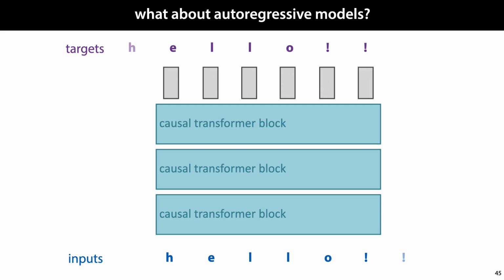Since the self-attention is the only part of the transformer block that propagates information across the time dimension, making that part causal makes the whole block causal. A transformer block with a causal self-attention is called a causal transformer block. Now, a stack of transformer blocks can be put to work on the task of autoregressive modeling.